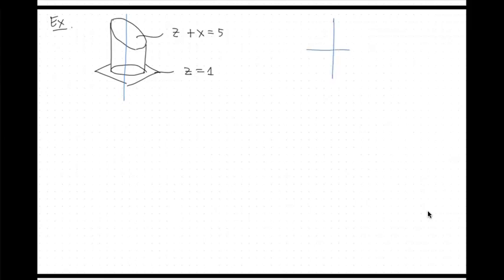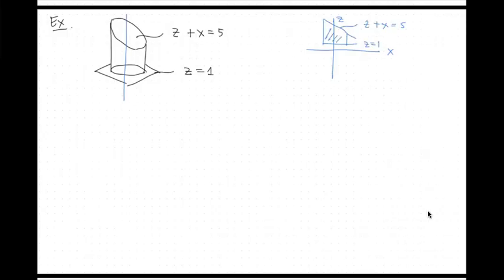So this is your z-x plane, something like this. This is your z plus x equals 5. And then this is the level z equals 1. So this is your side view somehow.